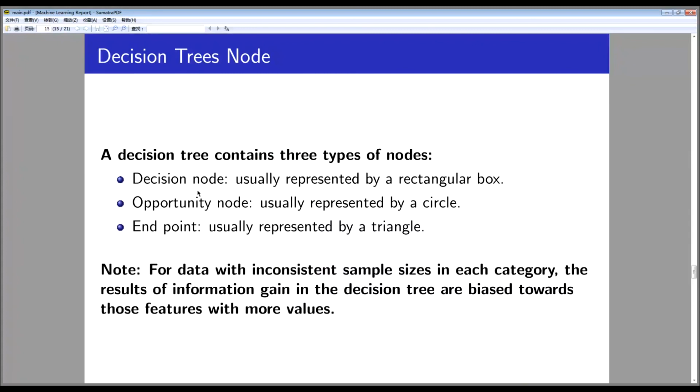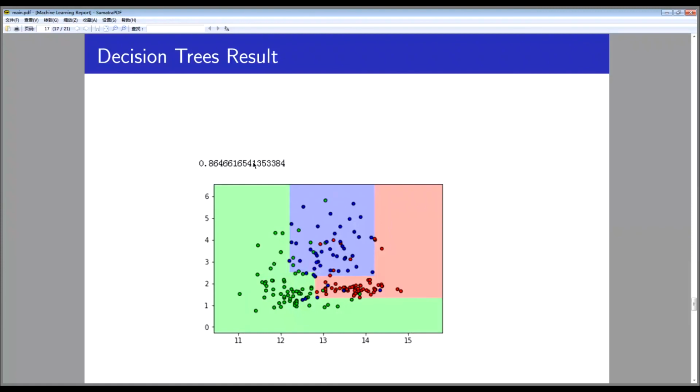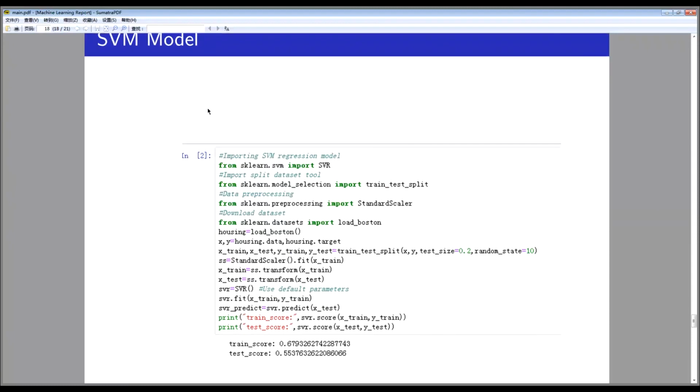And this is a decision tree code I studied in one topic, and I predict the state. And this is an SVM model. This is the train score, and this is the test score.